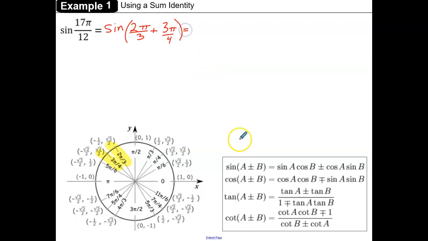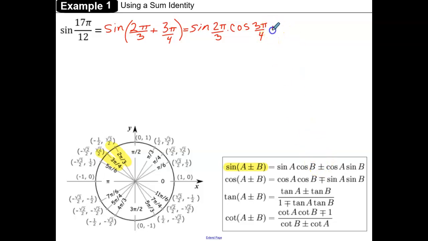Now looking at our sum identity for the sine function, which is right here, sine of A plus B, we're going to need to take the sine of angle A, and our angle A is 2 pi over 3, and we're going to multiply that times the cosine of angle B, so cosine of 3 pi over 4.